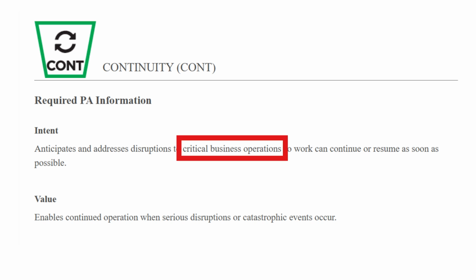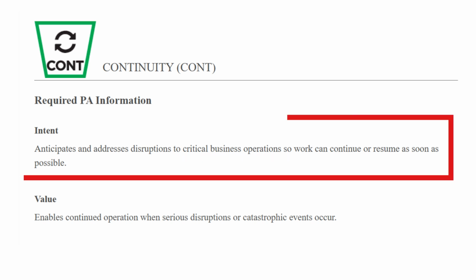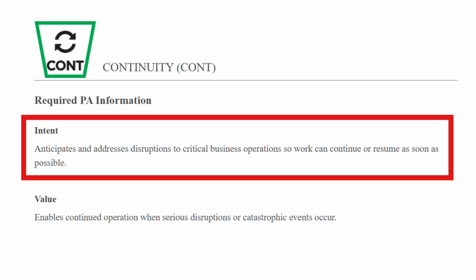There's no expectation we will be able to resume all business operations immediately in the aftermath of a catastrophic event, so a key part of continuity planning is working out which functions are essential and which can be deferred until later. The intent is to enable as much work as possible to resume as quickly as possible.